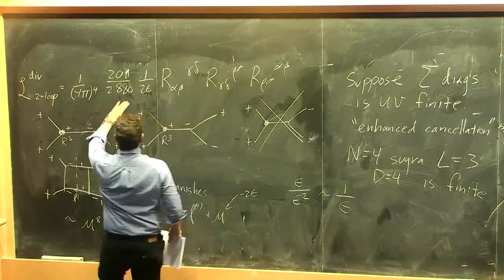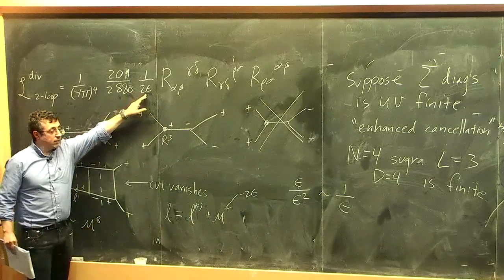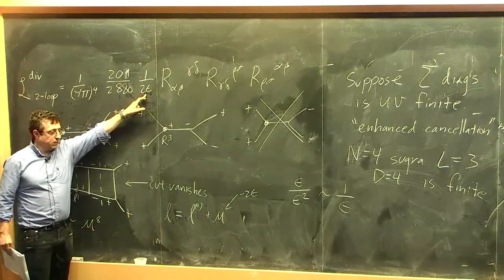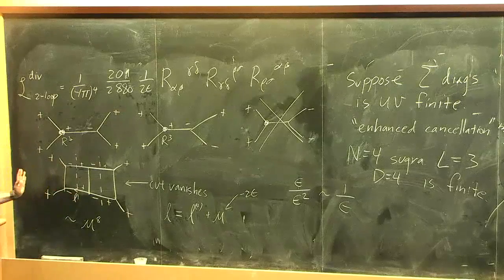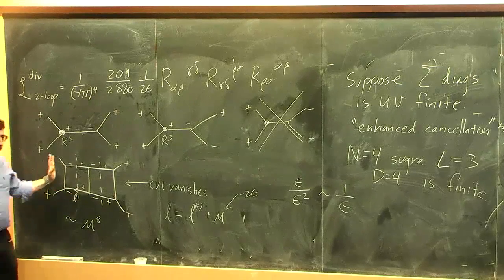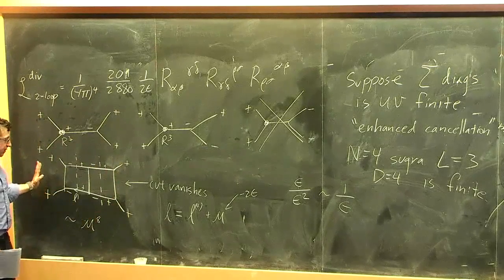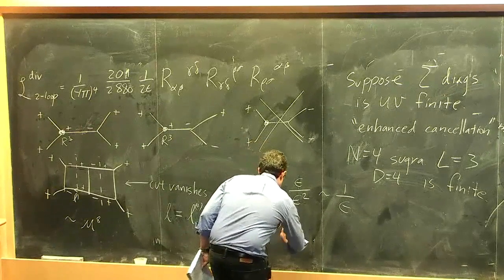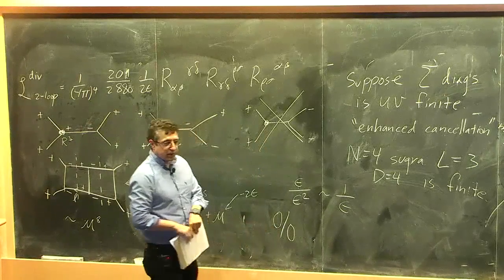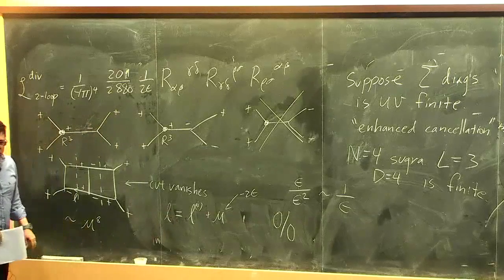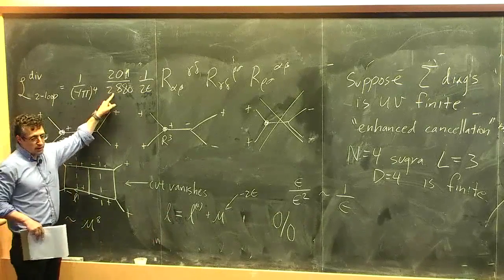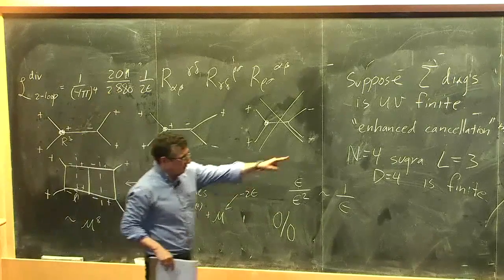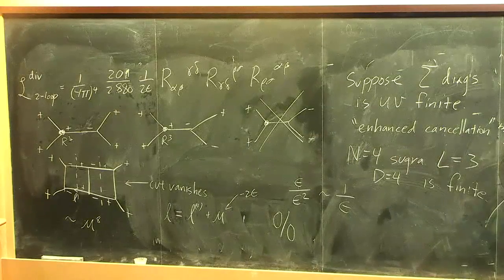And that's, you could say, a reinterpretation of what we see here. But the striking thing about this is that all of this looks like it comes from an anomaly, a 0 over 0 behavior. Now, I'm not going to prove to you that it comes from an anomaly, but I'm certainly going to show you that some parts of this number definitely come from that anomaly, the trace anomaly.